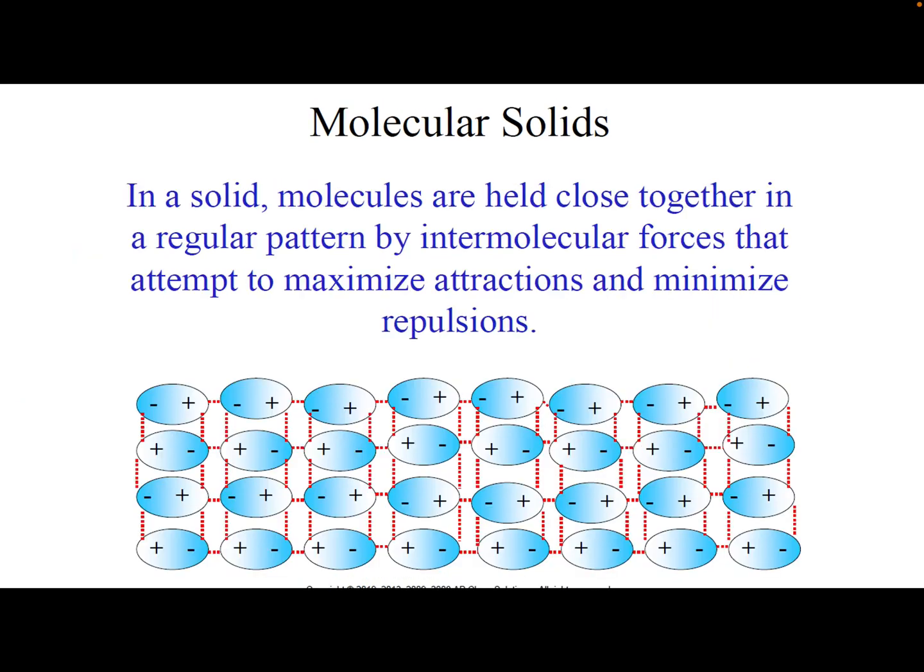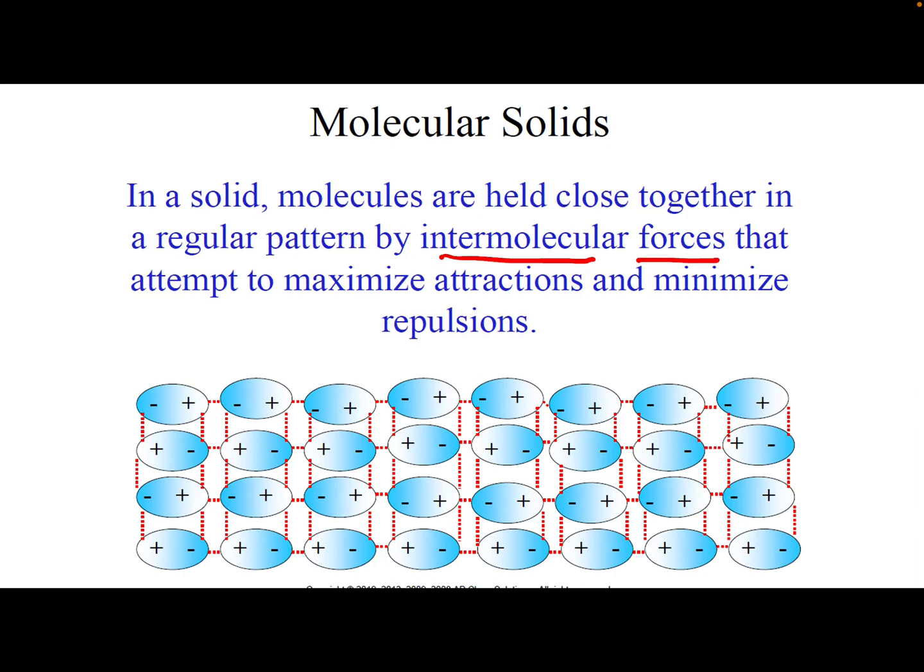So in molecular solids, the molecules are held together in a regular pattern by intermolecular forces, and you'll remember that these are not as strong as ionic or covalent bonds, but like ionic compounds, we want to maximize attractions and minimize repulsions.